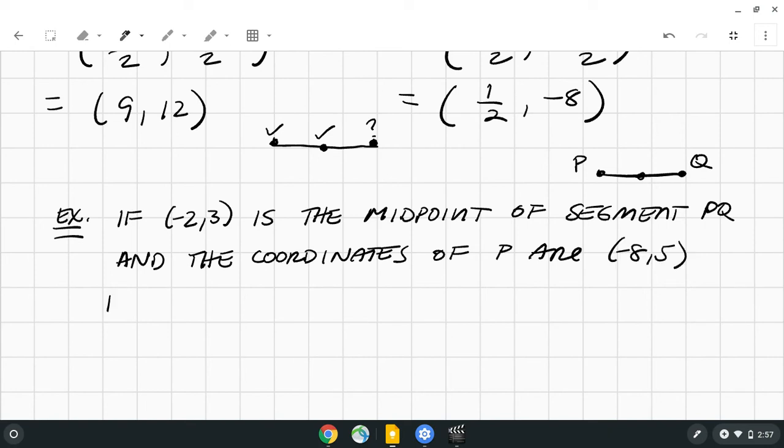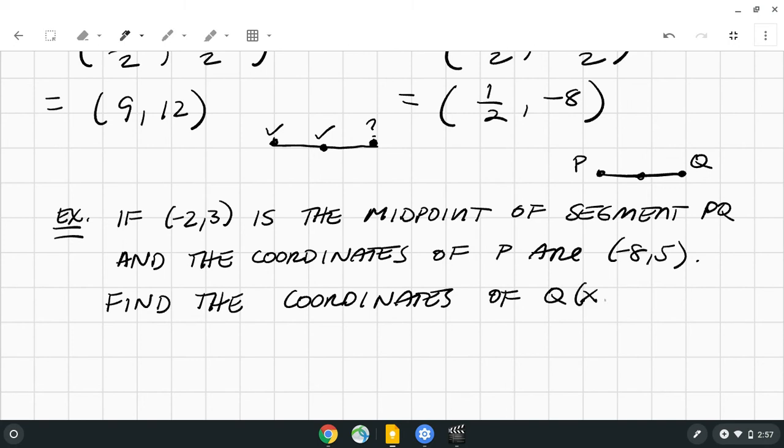Find the coordinates of Q. Okay, we can call Q x2, well, we can just call it x and y because we know the other ones. So we're trying to find the x and y value for the point Q.